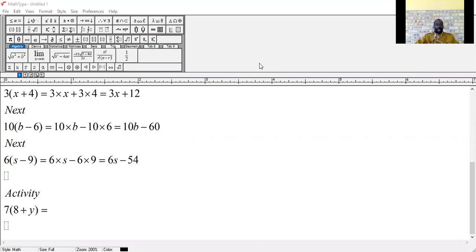Yes, when you are done with that, you soon see that for this question, you have to distribute 7 onto 8 and later 7 onto y. So that means you're going to have 7 times 8, and then later you add it onto 7 times y.